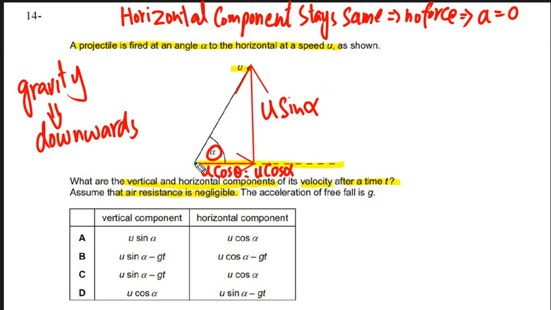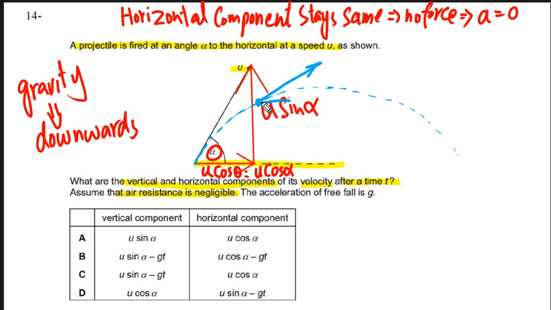Now the next thing. When we fire this ball, it will follow a trajectory somewhat like this. Let's say after time t, at this point, we need to find the velocity. The velocity will be like this at this point.